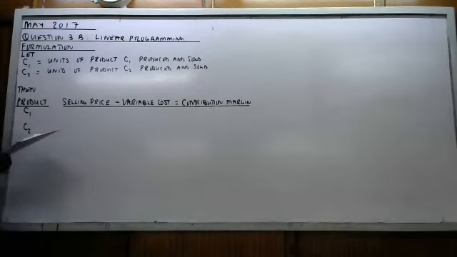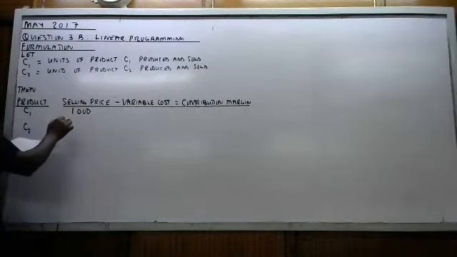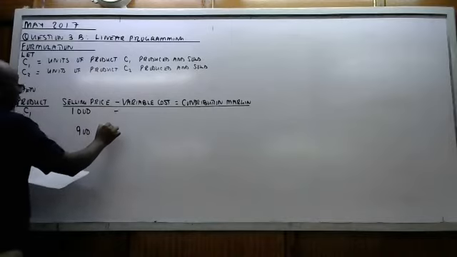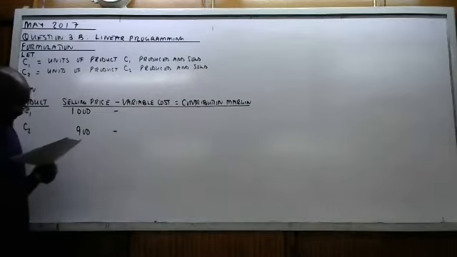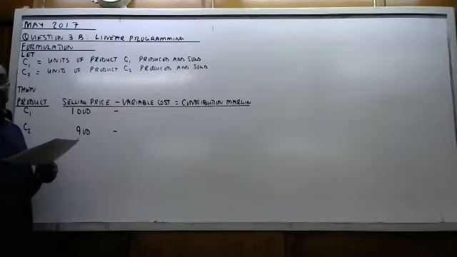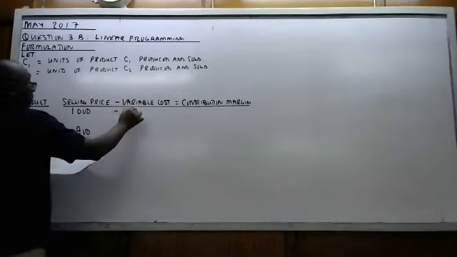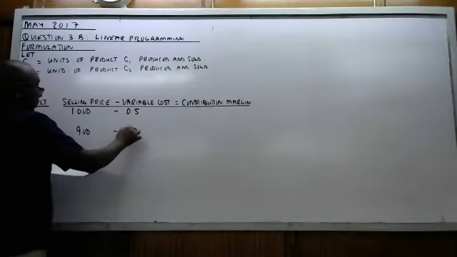C1, you can see the selling price is 1,000. At C2, the selling price is 900. So you minus. You can see in machine X, this one is using 0.5 hours, and this one is using 0.3.